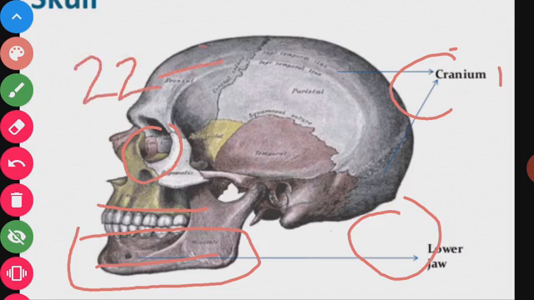The lower jaw is movable and helps in chewing and talking, the upper jaw is not movable, and the eye sockets protect our delicate eyes.